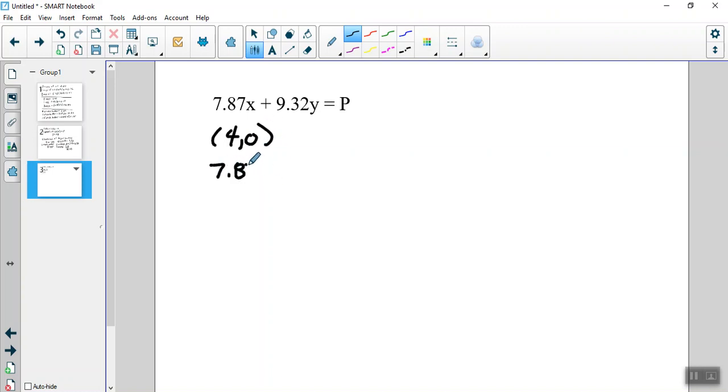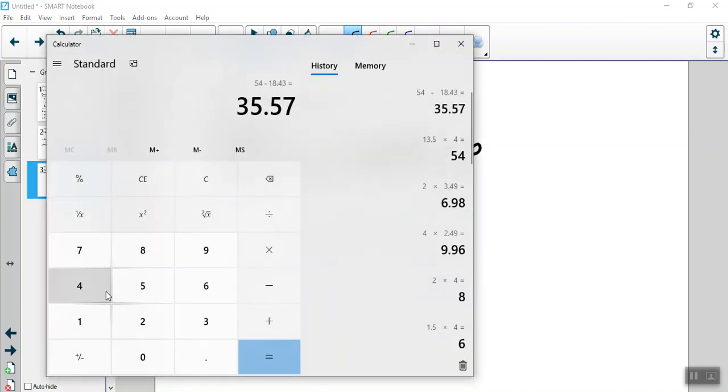So 787 times 4 plus 932 times 0 is going to equal my profit. That will make 0, so now let's do 787 times 4. $31.48.